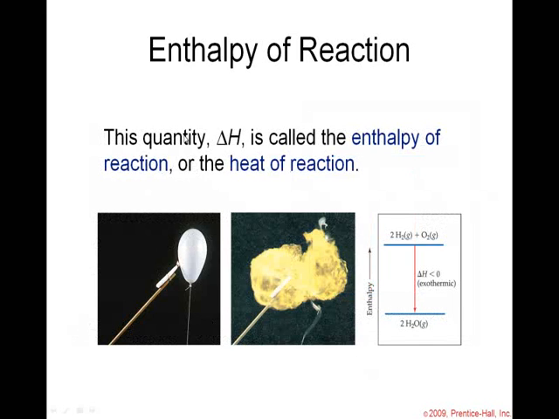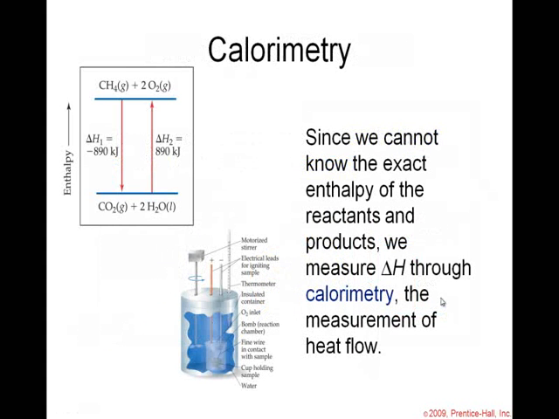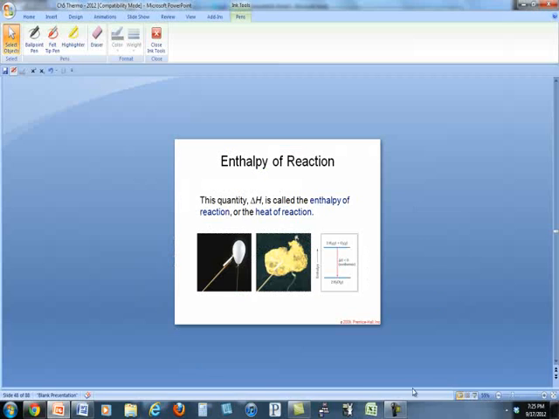So delta H is called the enthalpy of a reaction or the heat of reaction. That's where the H comes from. If it starts high and ends up low in energy, this is exothermic, right? Alright, so we're going to stop there. We'll talk about calorimetry next.